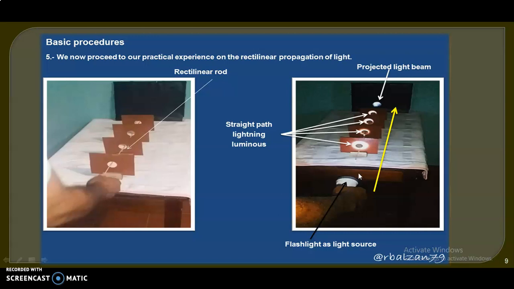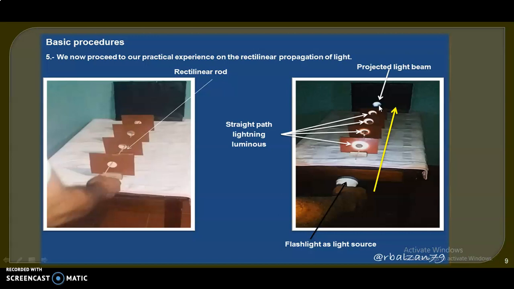When we switch on the torch, the light starts to move, and we get a projected light beam on the black screen on the opposite side of the 4 equally arranged boards. And it shows that light rays are traveling through the holes of equal diameter and reaching the black screen in the form of a projected light beam.